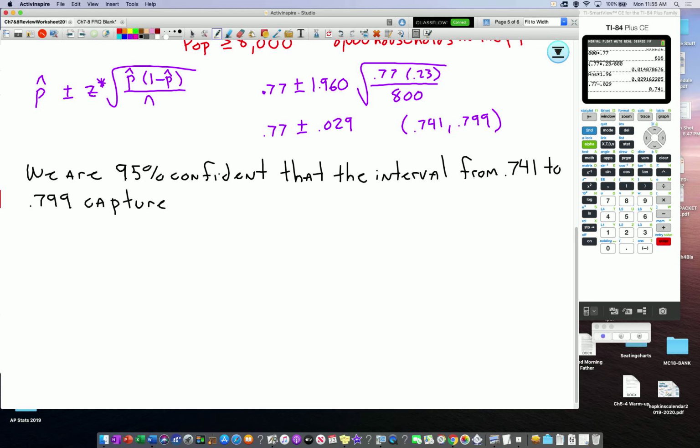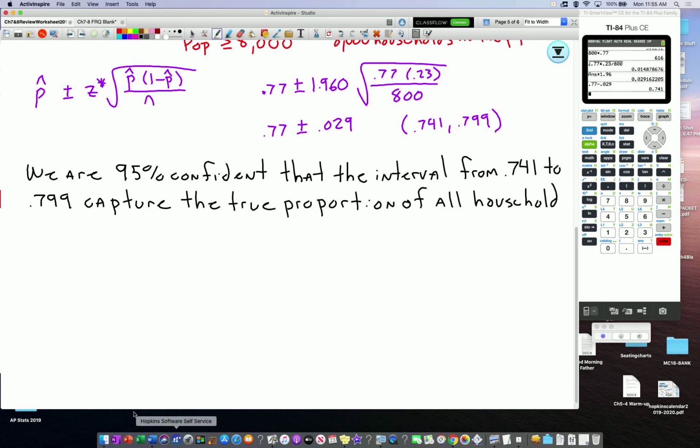The context of the problem: the true proportion of all households that use the cents-off coupons.